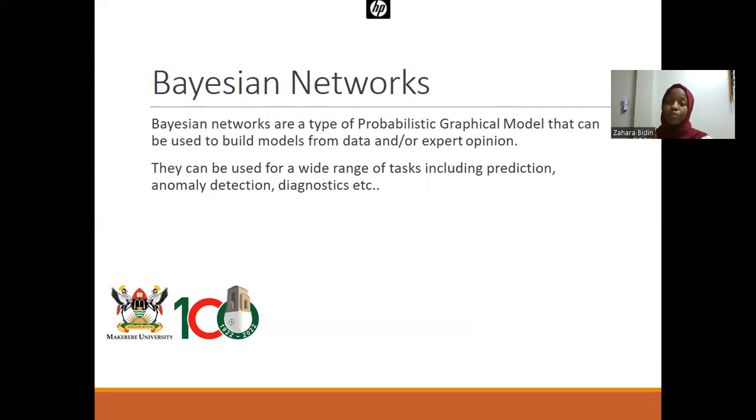In other words, they also depend on probability to come up with graphs that can be used to build models from data or expert opinion. They can be used for a wide range of tasks like anomaly detection. When we talk about anomalies, we can have the insertion anomaly, the deletion anomaly, and we find that all in the data when dealing with data to be stored in a database. Even diagnostics and so on.